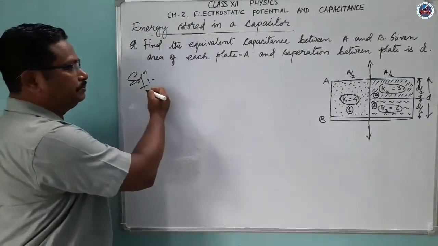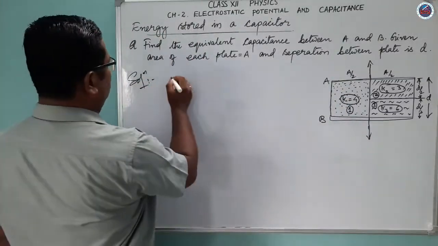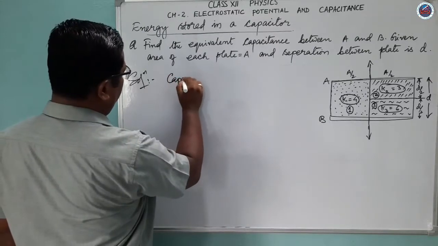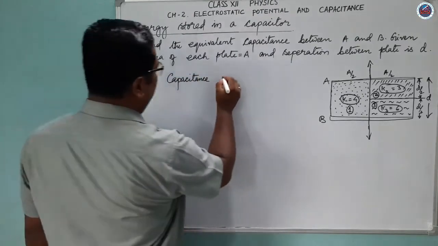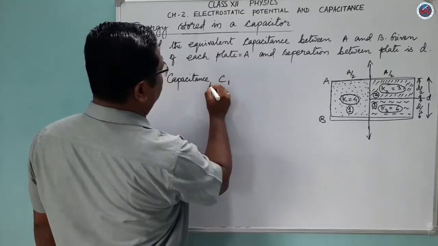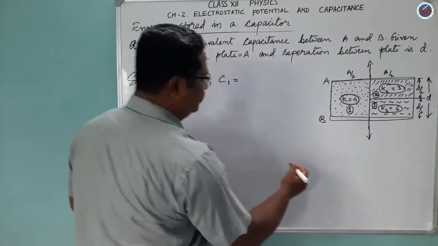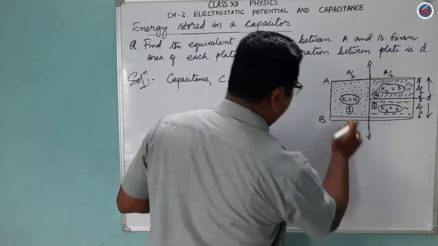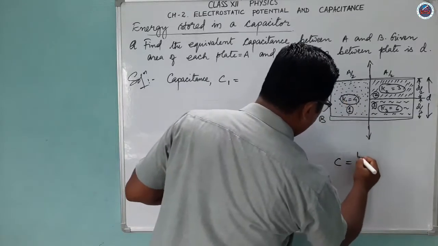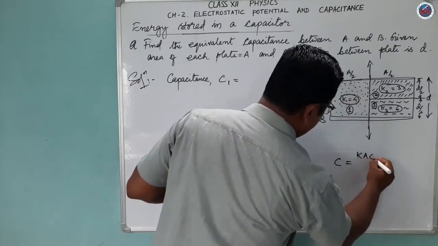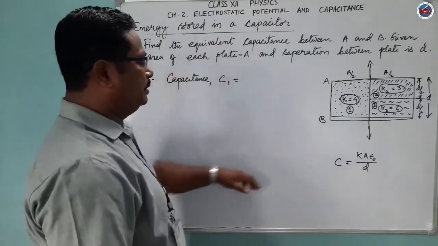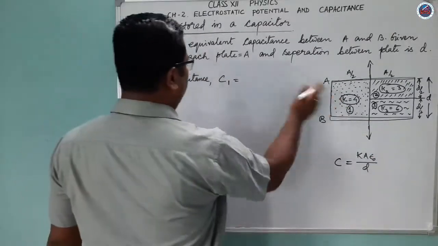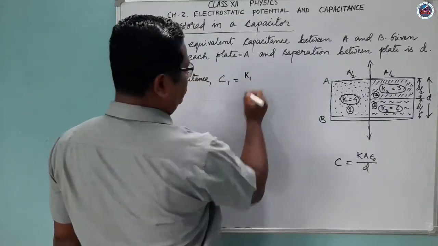Solution: capacitance C1. We'll first find out the formula for capacitance C. When a dielectric is placed, it is given by K A epsilon naught divided by D. So keeping that in mind, here the dielectric constant is K1, so I'll write K1.